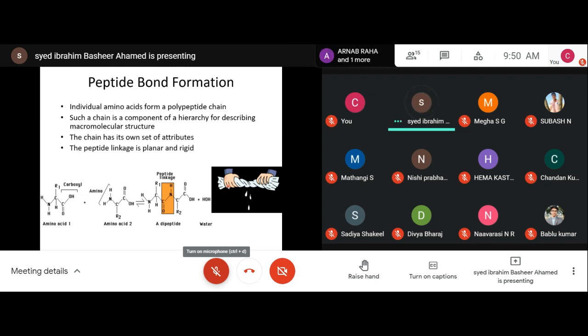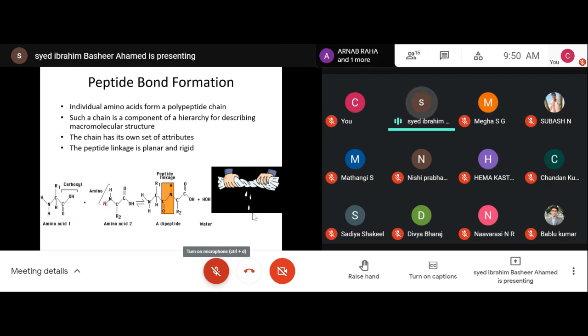So how do we get the polypeptide? Just by the combination of different amino acids. You have 2 different amino acids, and when you combine them, you get a dipeptide by losing a water molecule. There is a condensation reaction between these 2 amino acids.